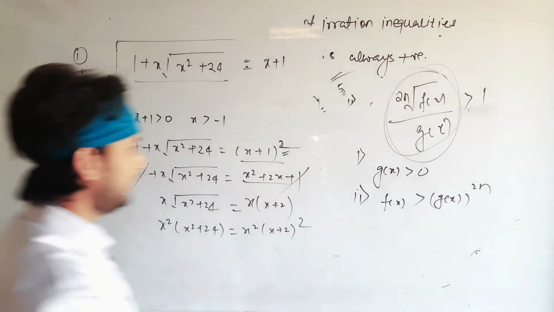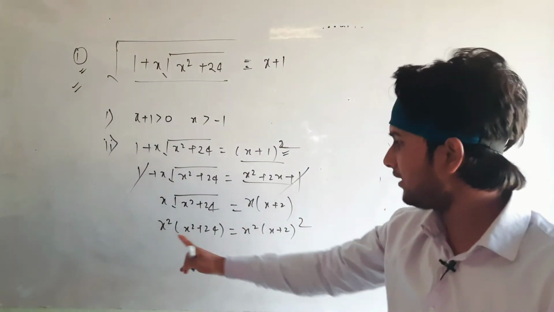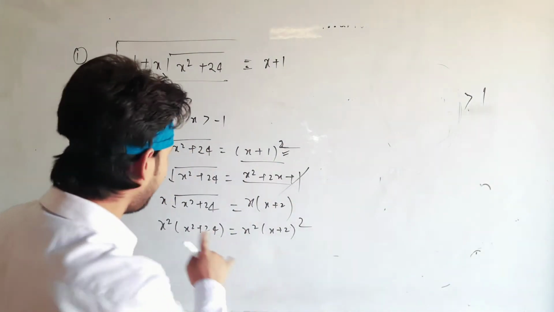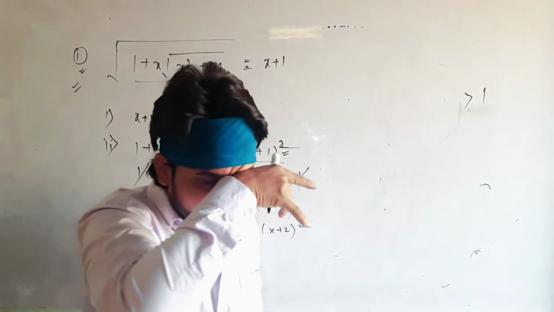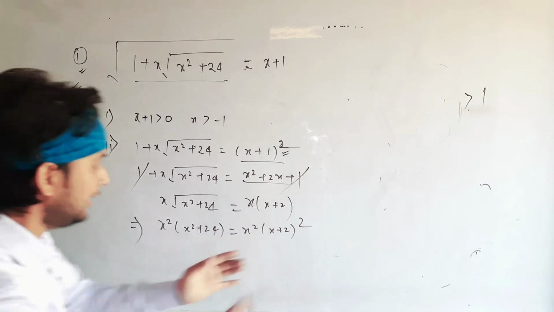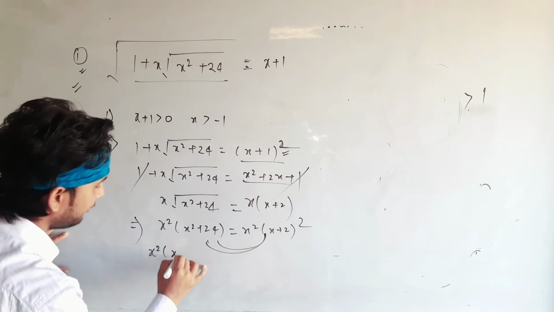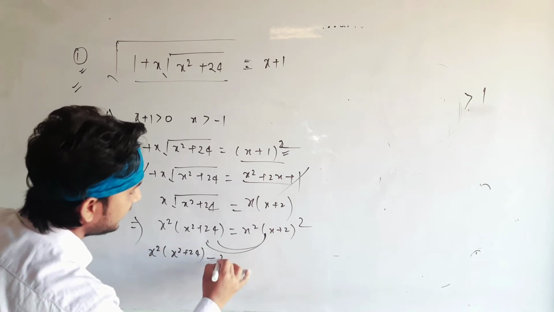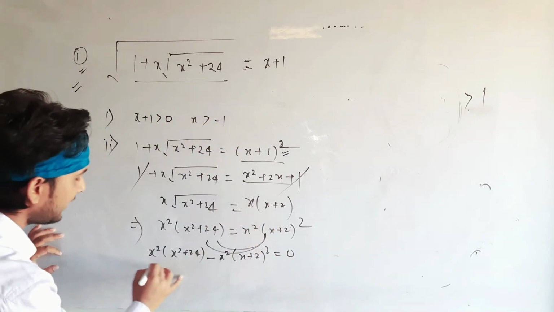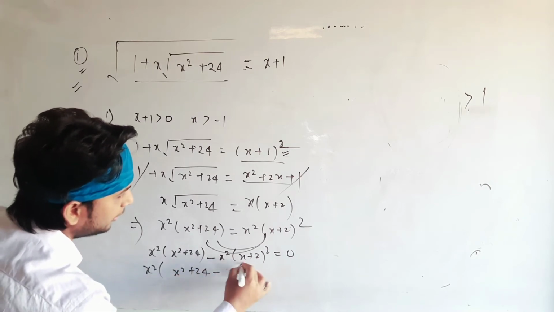Have you any problem? Okay, no. Then x square into (x square plus 24), you have to not cancel here. You have to not cancel x square and x square. You have to take it as a minus here. Then x square into (x square plus 24) minus x square into (x plus 2) whole square equals 0. Then you will take x square as common: x square plus 24 minus (x plus 2) whole square.